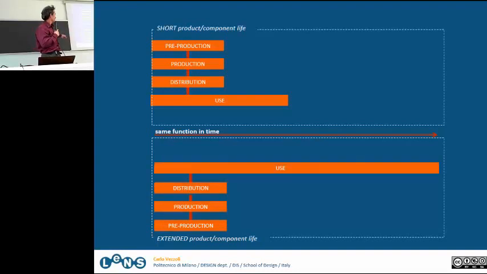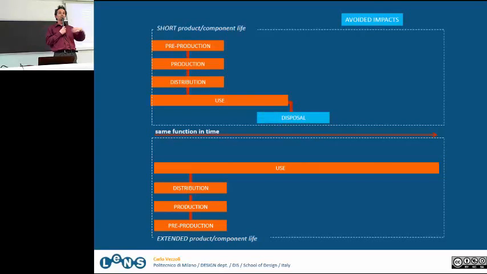And then we have another one with the same function, but it lasts much longer in time. We have the function timeline over there. So where do we avoid the impact? We avoid the impact because we don't have to dispose of that product. We don't have to throw it away, the one that doesn't last longer.